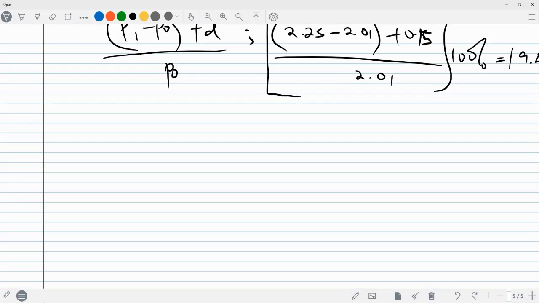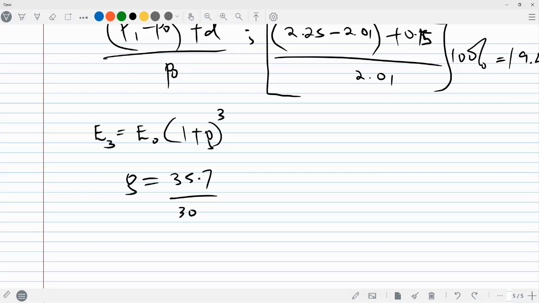In answer D, the mean growth in earnings per share over the period is 6%. Let's see. The earnings, let me call this E3, just representing earnings per share, is equal to the earnings per share at year 0, times (1+G) to the power of 3. So you want to get the growth in the earnings over those 3 years. It will be equal to 5.7 divided by 30, since it has grown from 30 to 5.7 over 3 years, to the power of a third, minus 1.